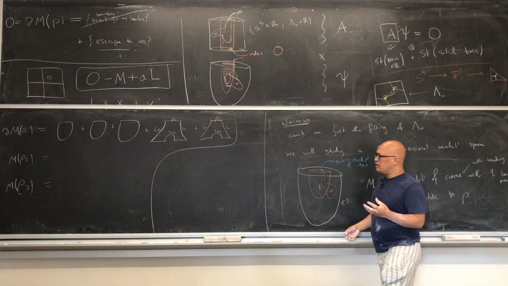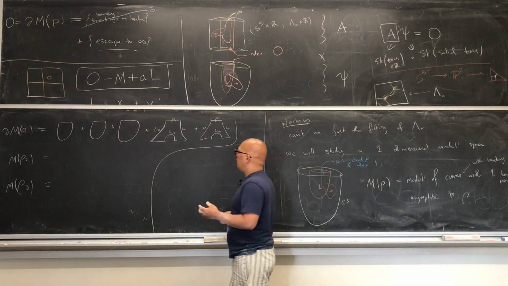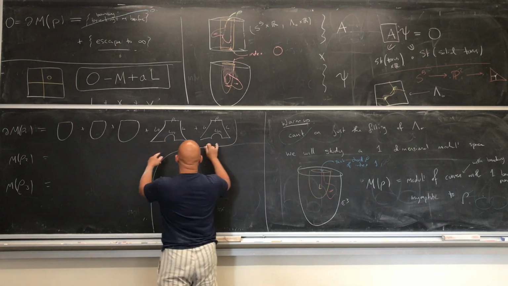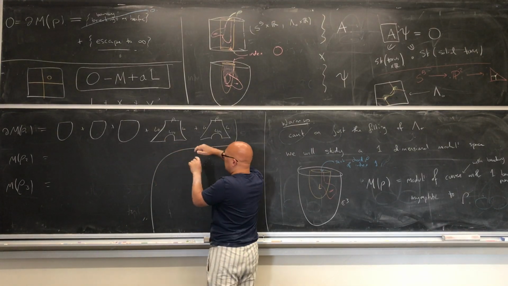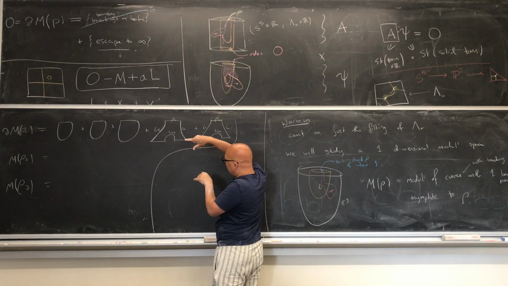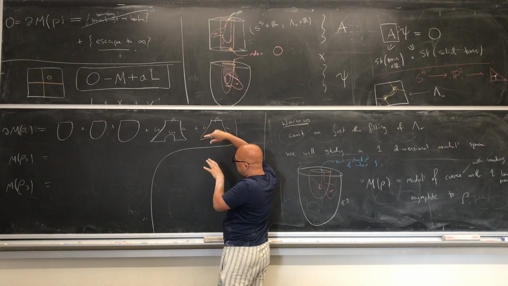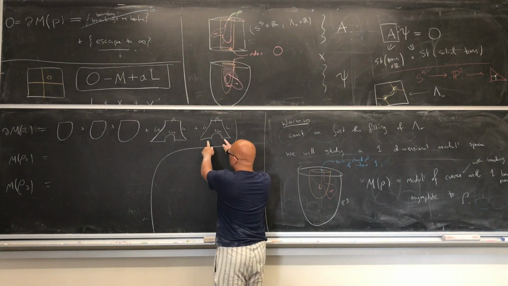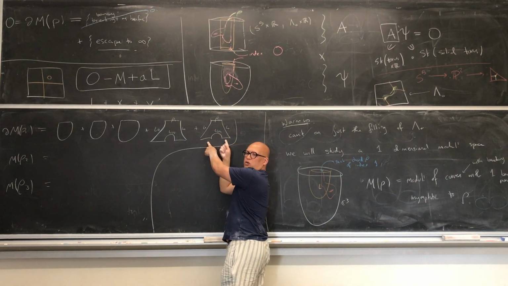What it instead annihilates is the count of interior curves plus some, like a vector where one entry is the count of interior curves, and the other is a count of curves which are asymptotic to these index 0 Reeb chords.